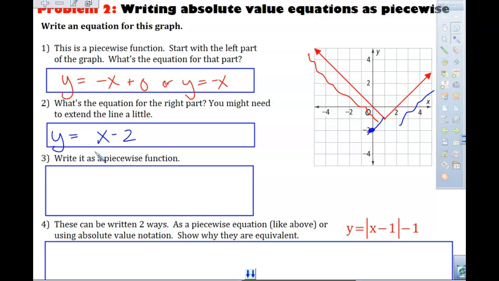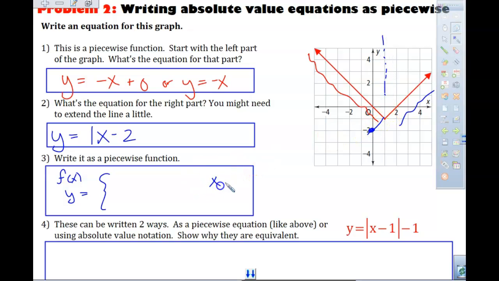And if I was looking at it, Grace, what would you say our slope is on the right side? 1. So it says write it as a piecewise function. So our piecewise function, and again, I don't care if you decide to use f of x or y equals, we're going to have 2 pieces. What's the dividing point as I am looking at that, Claire? Where is the number that it changes? At what?